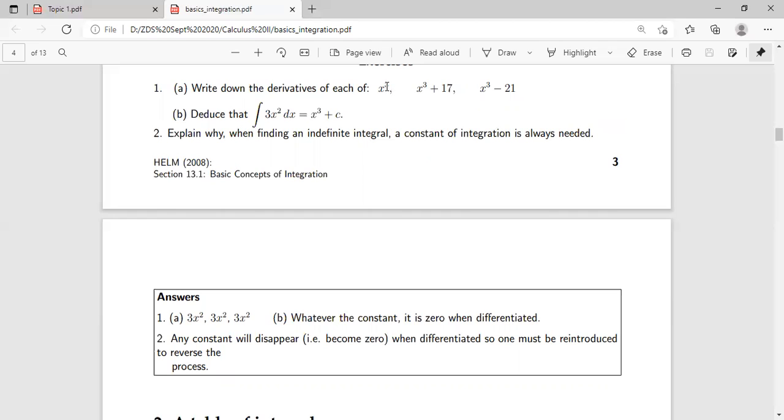So we are going to get x cubed plus c. On explanation, any constant will disappear, or become 0, because our x in that case is raised to 0 when differentiated. So it must be reintroduced, reversing the process and making it complete.